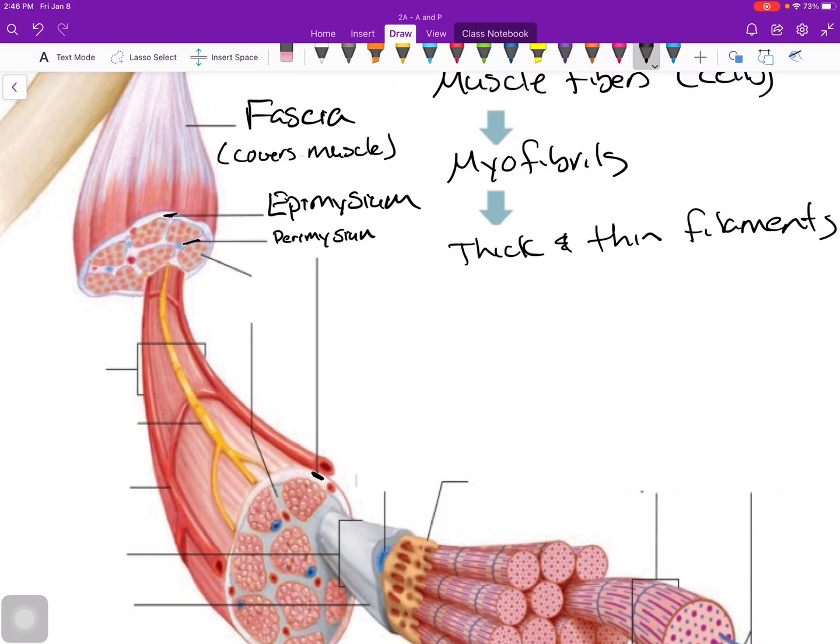All right, again, you also have then surrounding each individual bundle, as I said, that was the perimysium. Now you've got the endomysium. And you can see that surrounding there and that surrounding these. Okay? Now, this entire entity here is the fascicle.